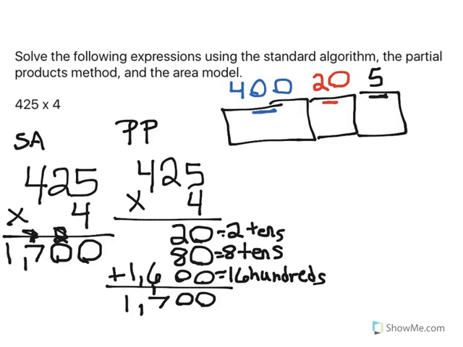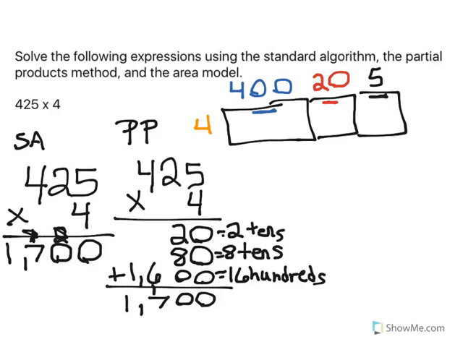So 425 is made out of 4 hundreds, 2 tens, 5 ones. So our 400 goes above the hundreds box. The 20 goes above the tens box, and the 5 goes above the ones box. And we're multiplying those all by 4.